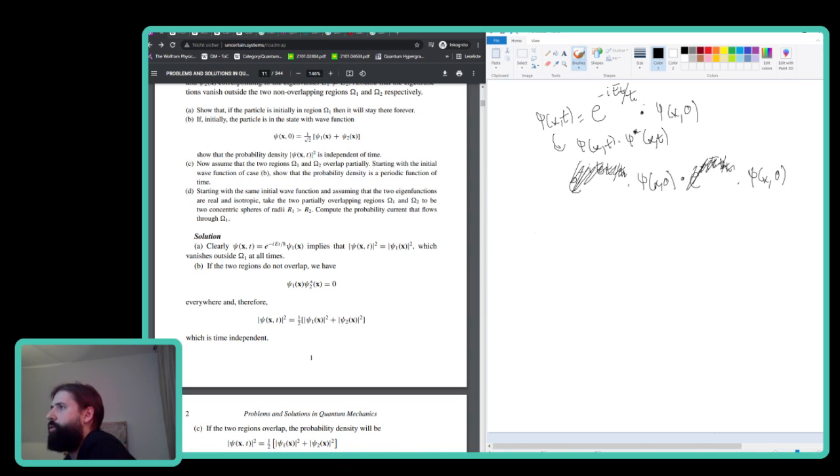So the probability density is basically the square of these things. That's why we have 1 divided by 2, and then we have that whole thing here, psi 1 of x plus psi 2 of x squared. Let's just leave it here.